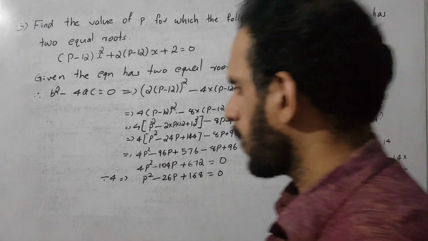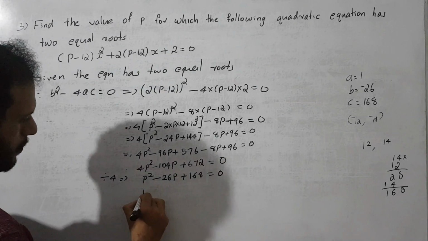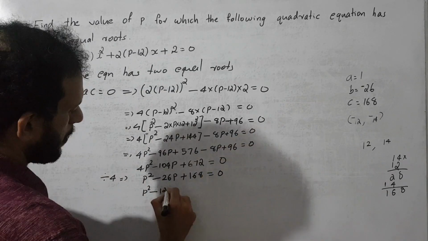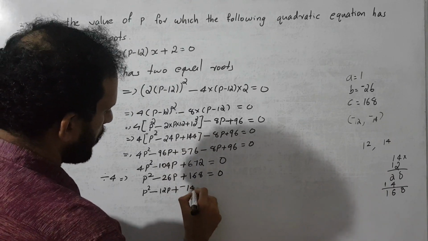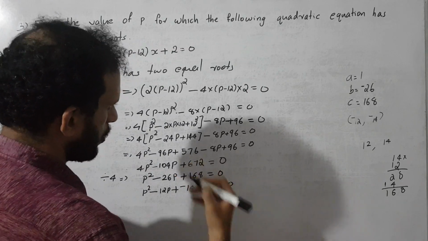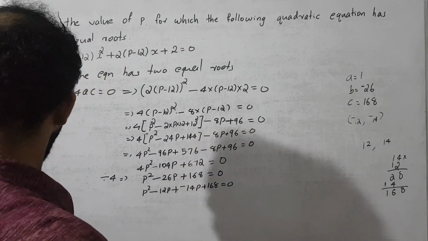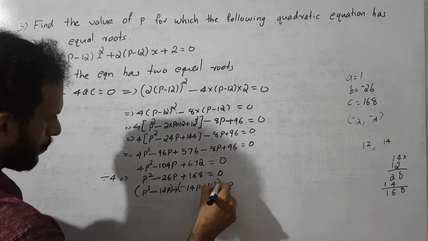So we are splitting this one like this. Therefore, p square minus 12p minus 14p plus 168 is equal to 0. Correct? Then next we pair the first two and the second two.